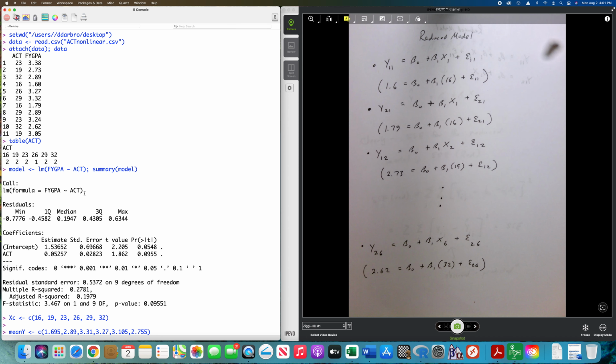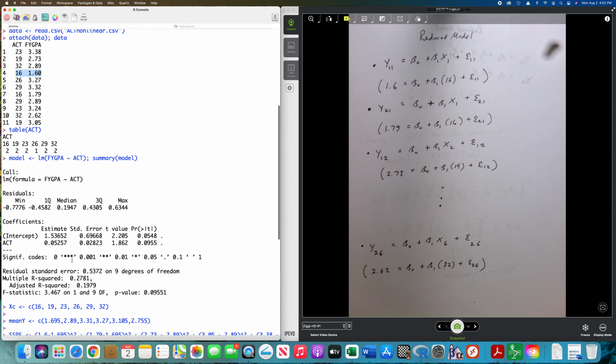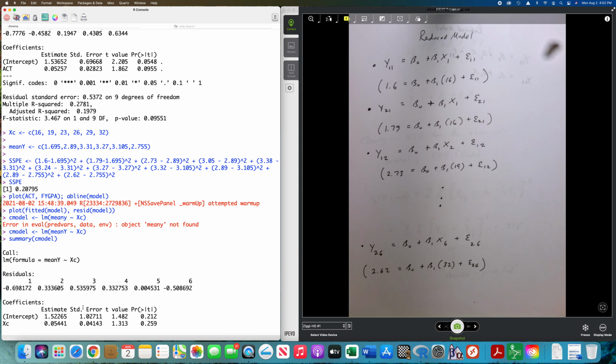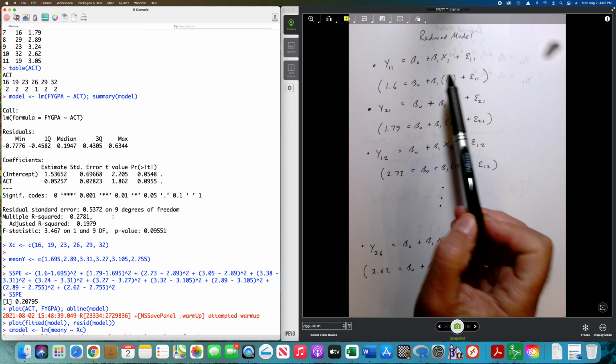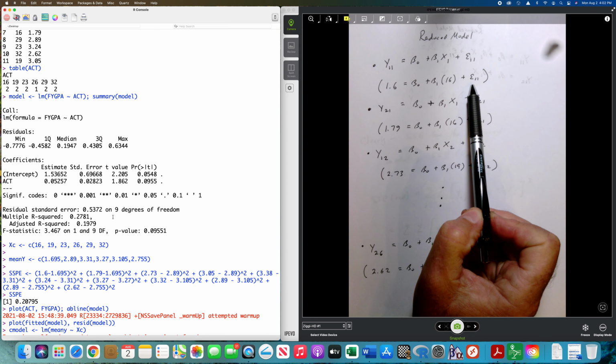So we're saying that this relationship right here, using the model that we just created, will fit true with a specific error term.